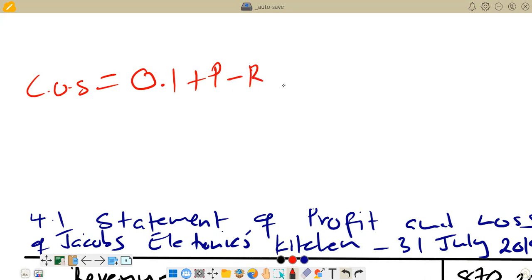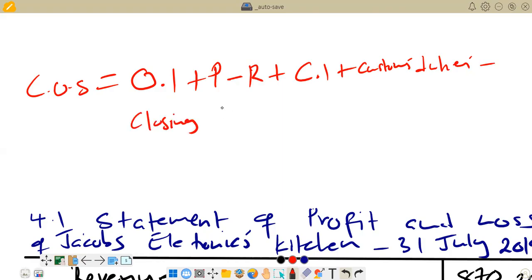Then you add your carriage inwards if they are there, and if we've got customs duties, we also add them here. Lastly, you subtract your closing inventory. So this is the formula that we have for calculating cost of sales.